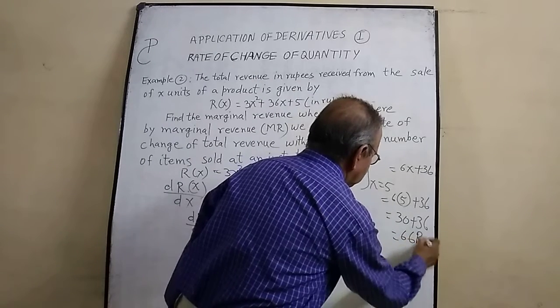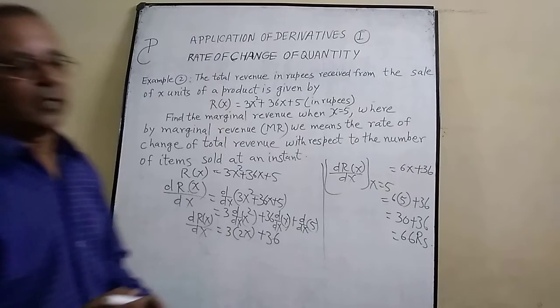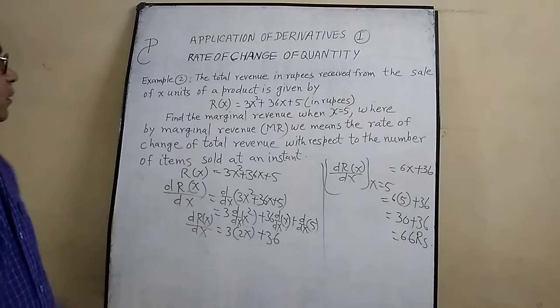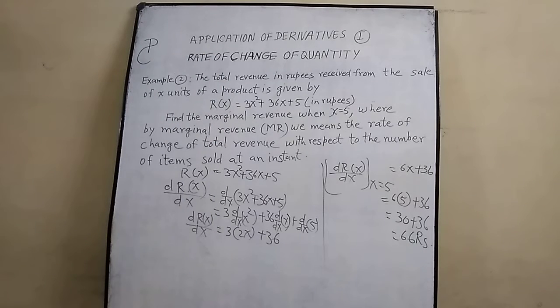So 66 rupees is the marginal revenue at x is equal to 5.